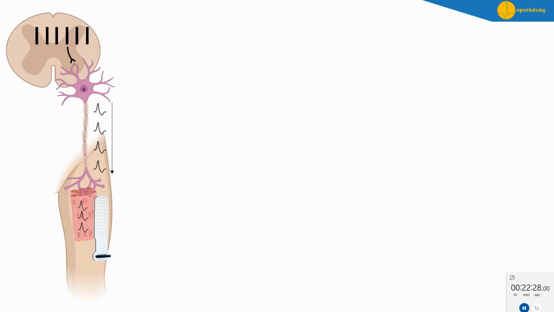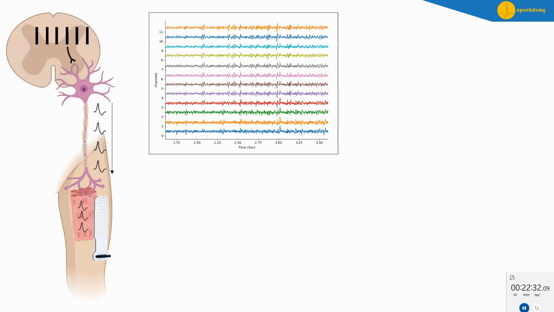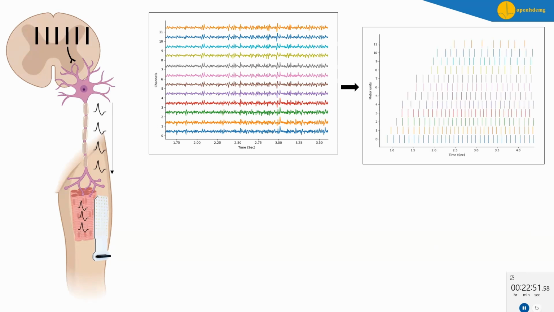So high-density electromyography, especially when we talk about surface electromyography, is a technique that allows us to record the so-called interference EMG signal, which is simply the summation of all the action potentials that reach the muscle. This signal is rich of information, which is, however, quite difficult to interpret as it is.